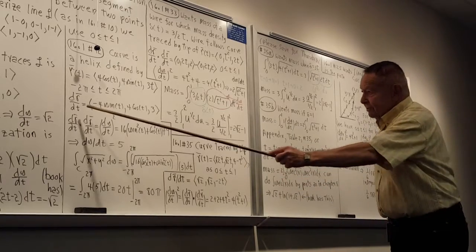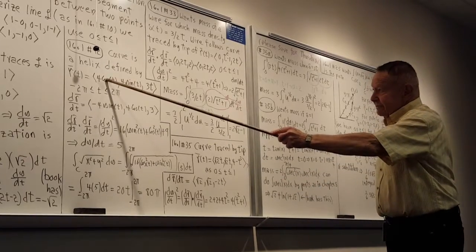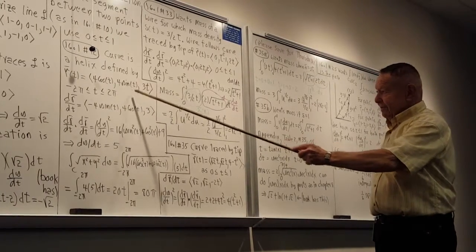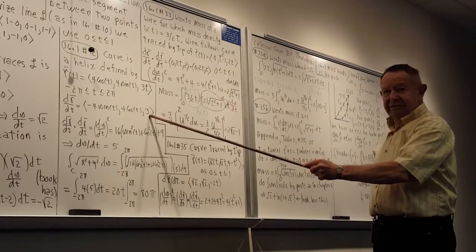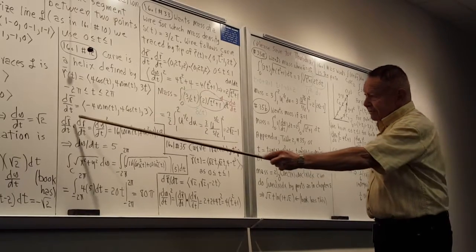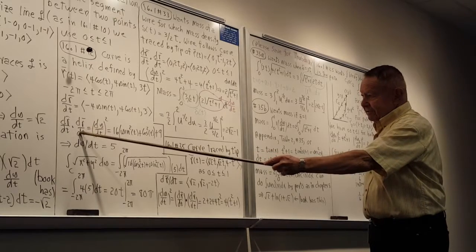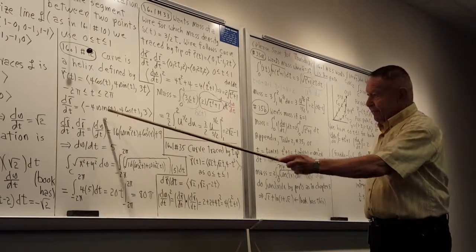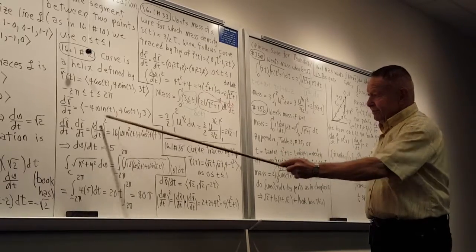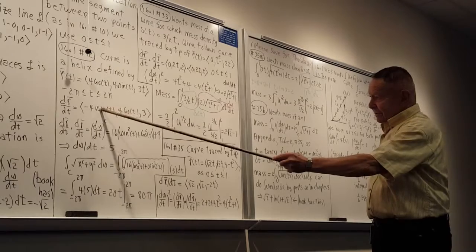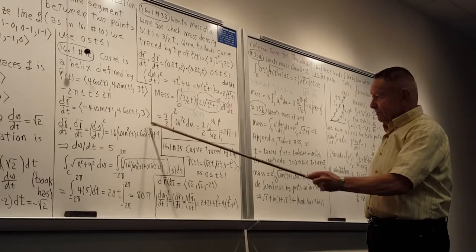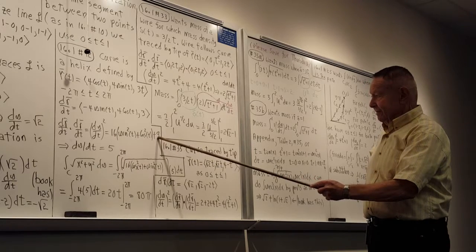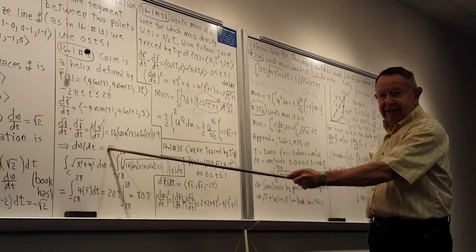Then you can do your dr dt, as you did in chapter 13, basic derivatives. Then you can do dr dt dotted with itself, and that's your square speed. So 16 is a common factor. You have sine square plus cosine square plus 9. So you really have 16 and 9, and then the square root is the 5.